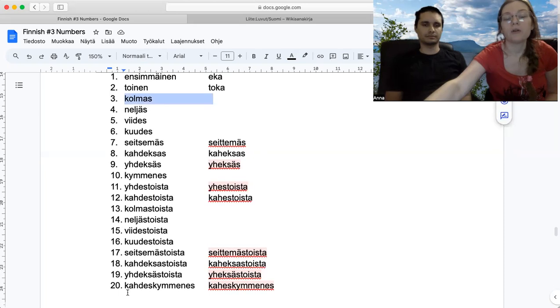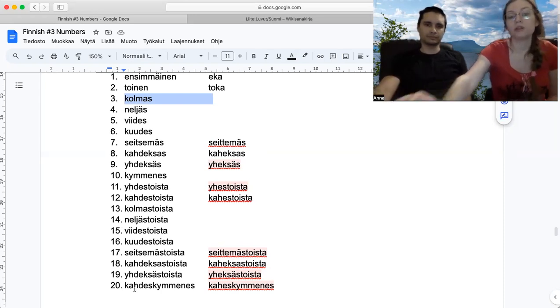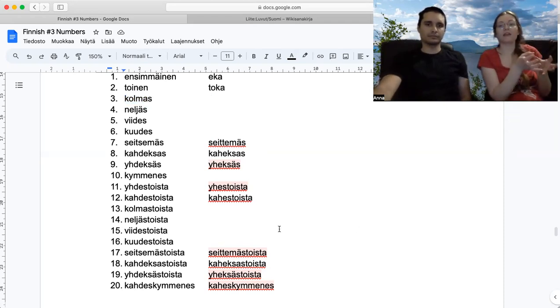And after 20th, it's always the same logic also. You just take the ordinal numbers and put them as your blocks there.